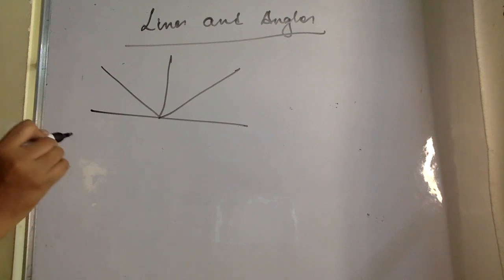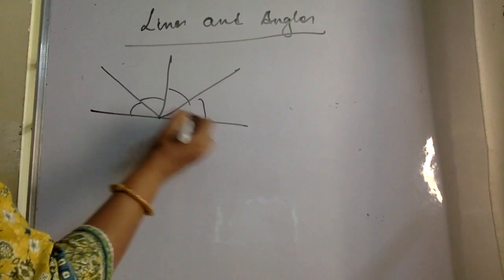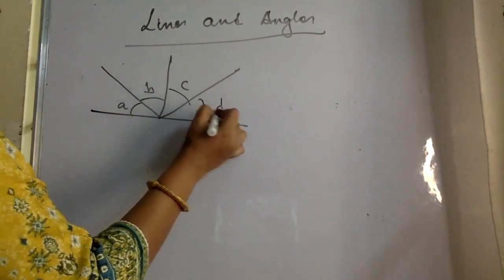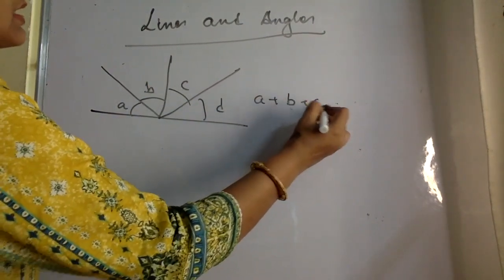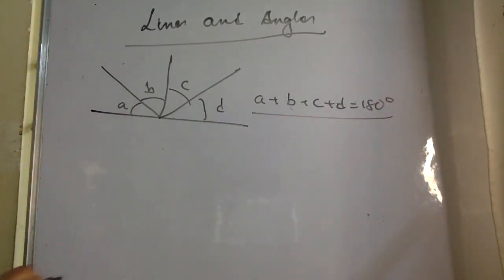The thing is, if I take A, B, C and D, A plus B plus C plus D all add up to always 180, because the total angle of a straight line is always 180 degrees.